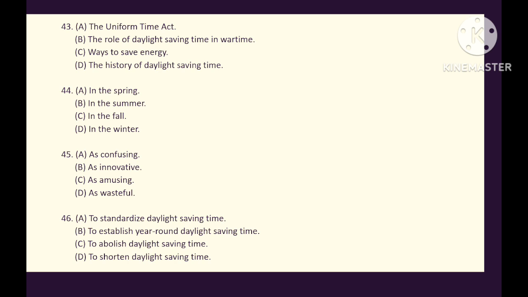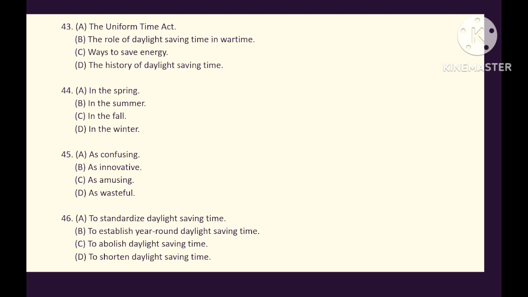Number 43. What is the main topic of this talk? Number 44. According to the speaker, when are clocks in the United States set back? Number 45.